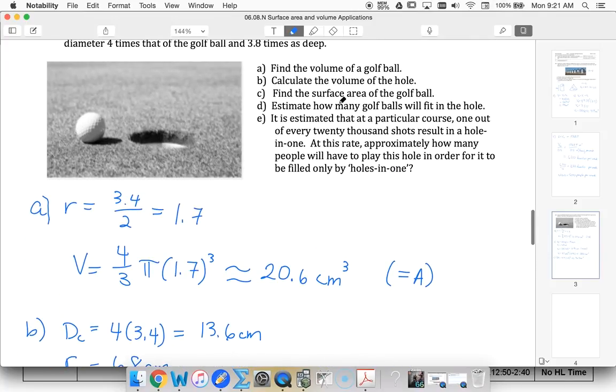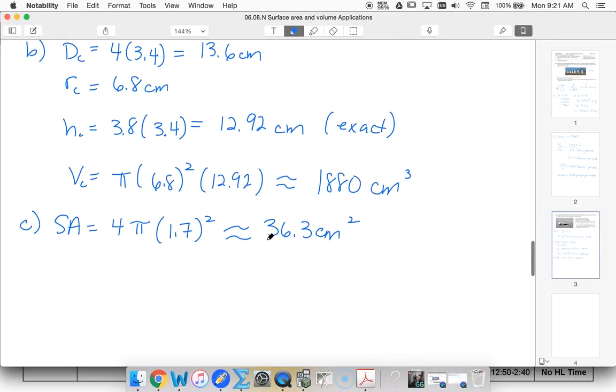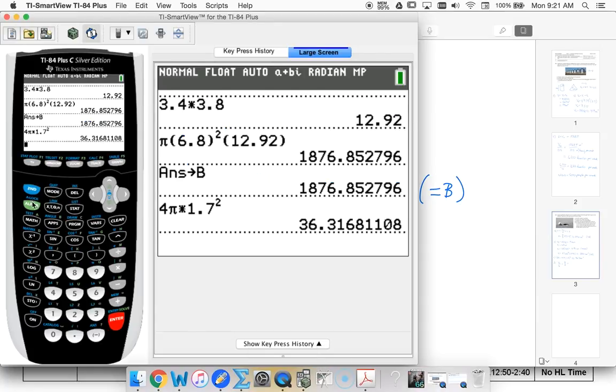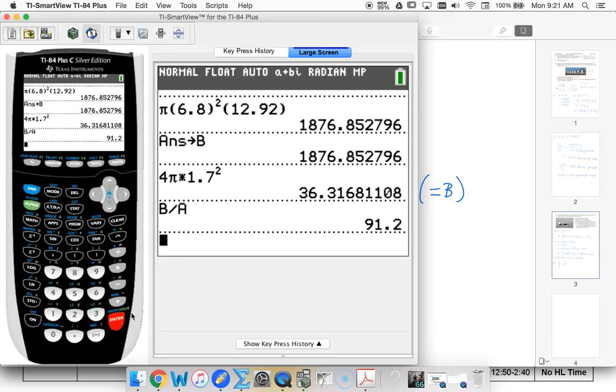All right, estimate how many golf balls will fit in the hole. So now I'm filling up the volume of the hole with my volume of golf balls. So I'm going to estimate that, I'm going to do volume of the cylinder divided by volume of the spheres to see how many fit in. So that was my B divided by A. And over here I stored this as B. So in my calculator, I'm going to do B divide by A. And so I get 91 golf balls will fit in.